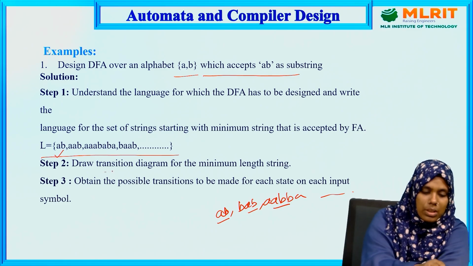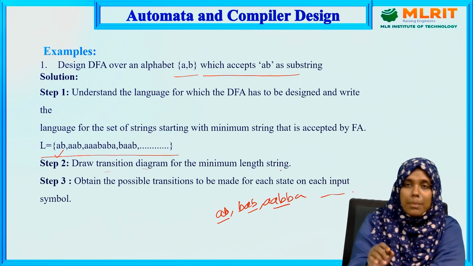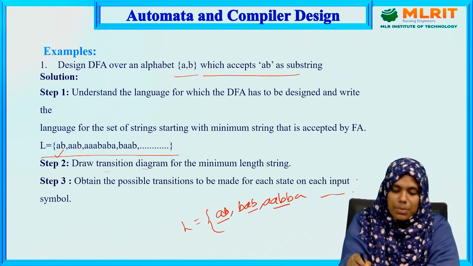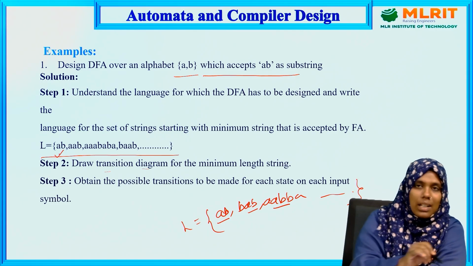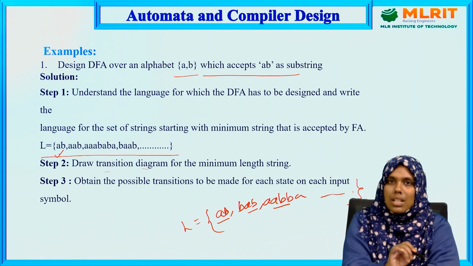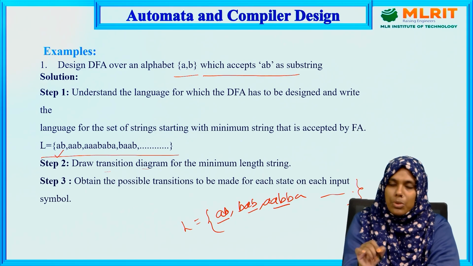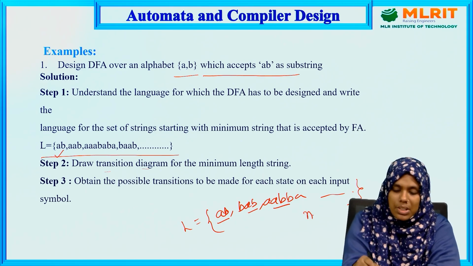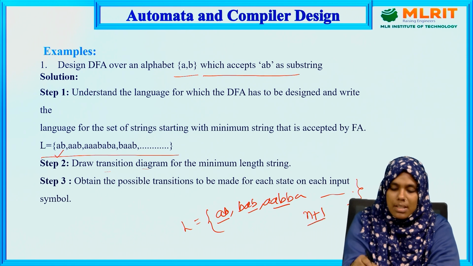Second step, draw the transition diagram for the minimum length of the string. In the language we have written, the minimum length of the string is 2. When we design a DFA, the number of states should be n plus 1.